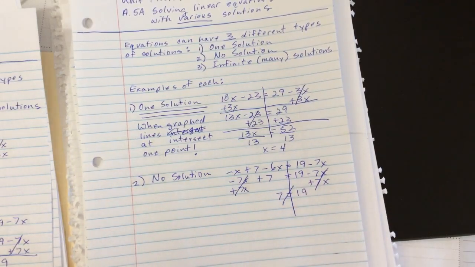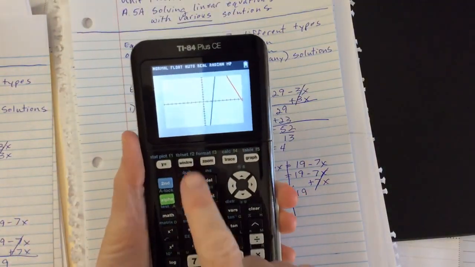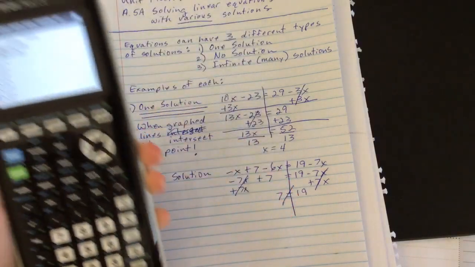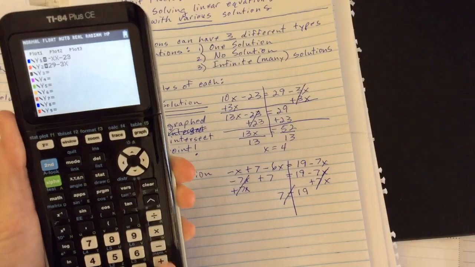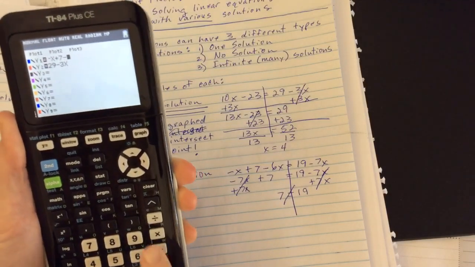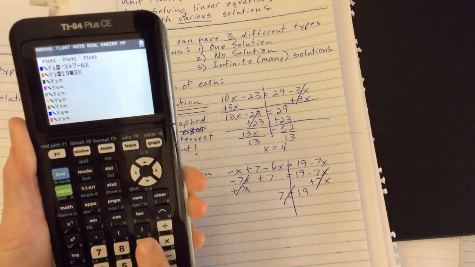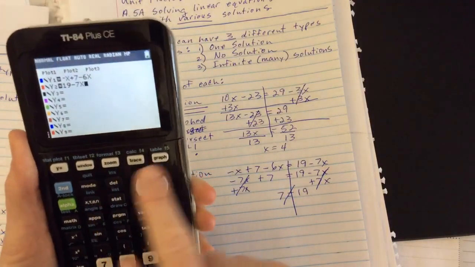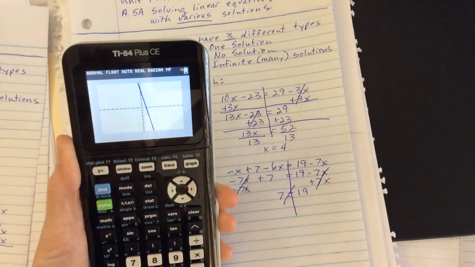So that is what that would look like. If you graph that, you would see the following. Let's put that in. Y equals negative x plus 7 minus 6x. Enter. And 19 minus 7x. I'm going to hit graph. See if it'll show up.